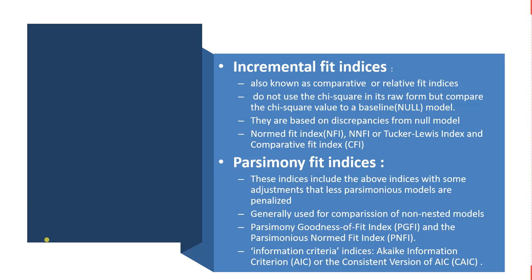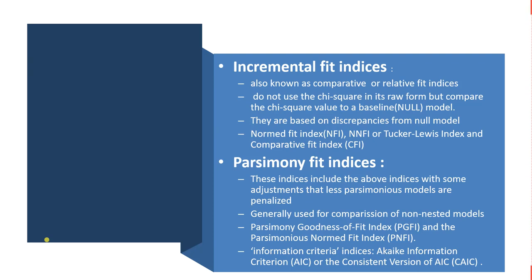So the parsimonious model will be rewarded and the less parsimonious model will be penalized. Generally, the parsimony fit indices are used for comparing two models, including two non-nested models.